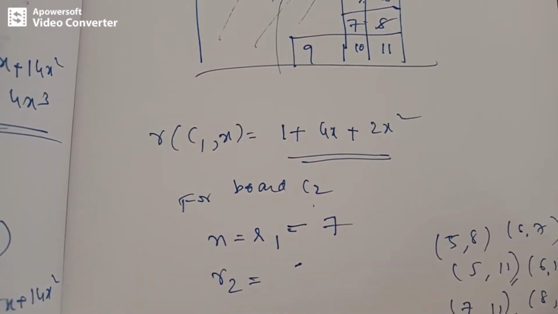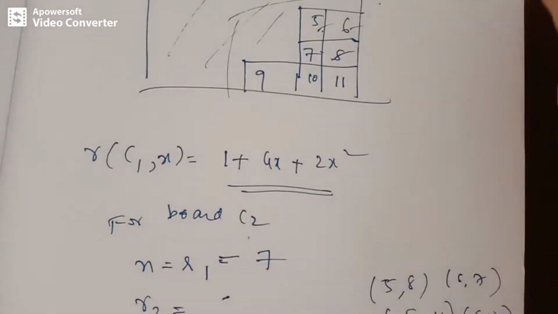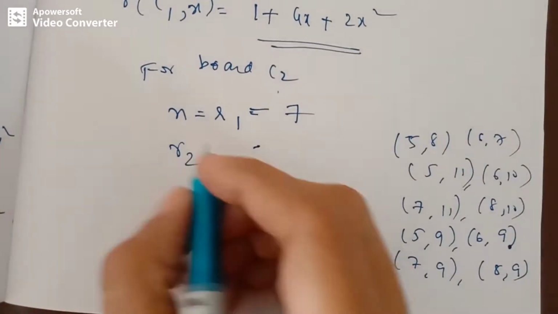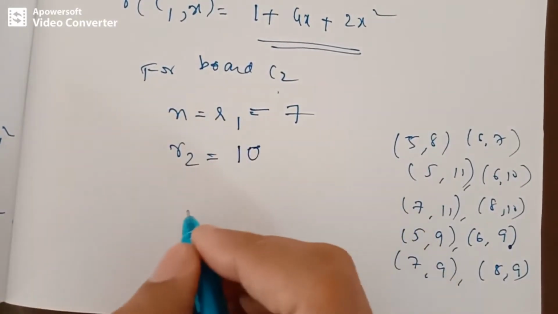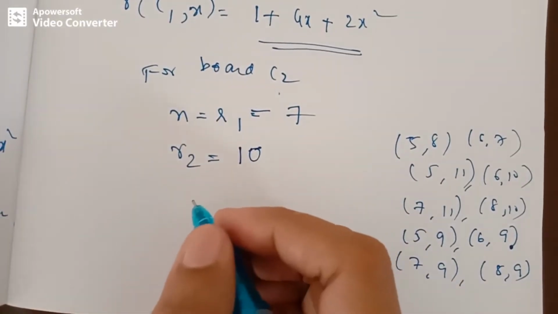I have written the pairs of non-capturing positions. These are 10 in number. The value of R2 is 10.